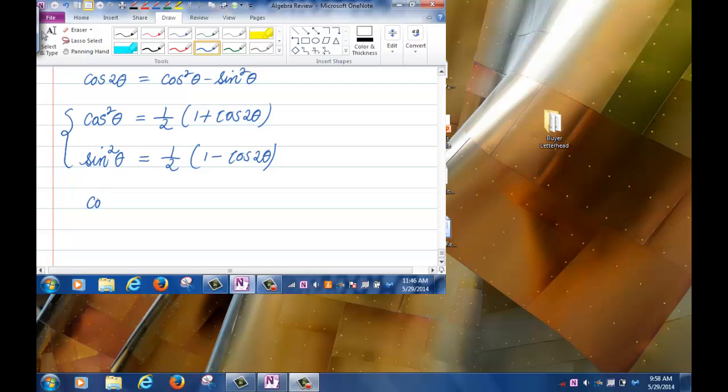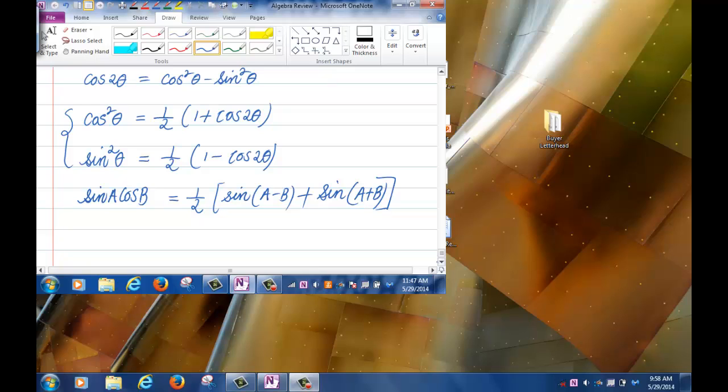If I have cosine of A and sine of B, that's the same as half of, let me switch A and B and rewrite this a little differently: sine A cosine B. It doesn't really matter, all I did was switch A and B. It's half of sine of A minus B plus sine of A plus B. So sine A cosine B is the same as this.